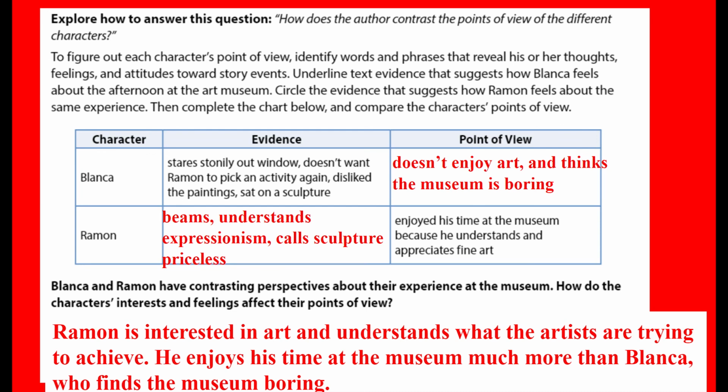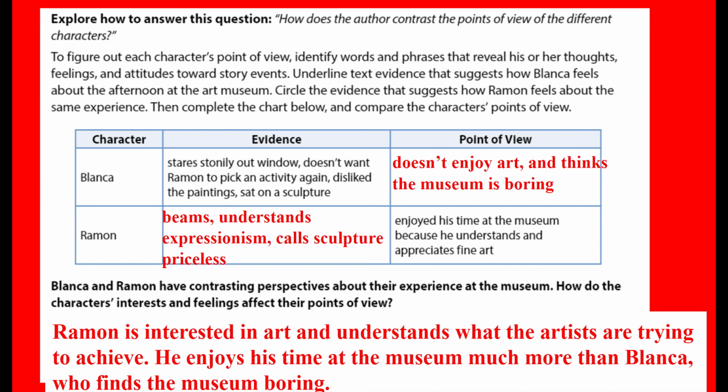Okay, so we know Raymond is interested in art. That's one of his interests. And he understands what the artists are trying to achieve. We know this because he is able to explain what expressionism is to his sister Blanca. So those are his interests and his feelings. So we know based on that, he does enjoy his time at the museum a lot more than Blanca, who finds the museum boring.